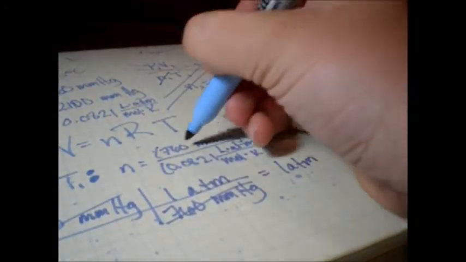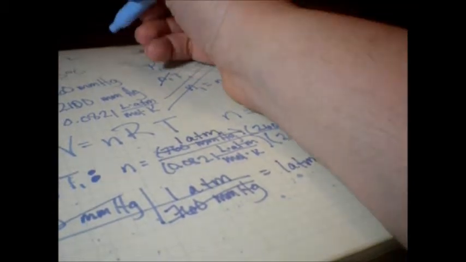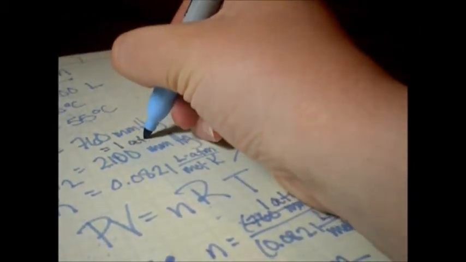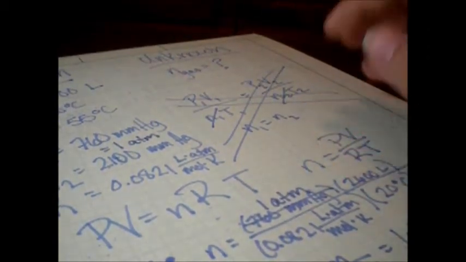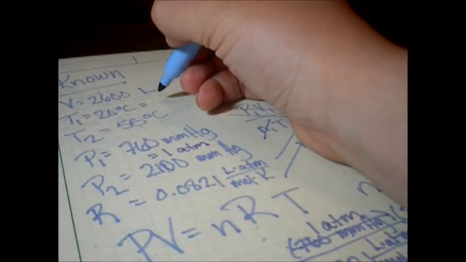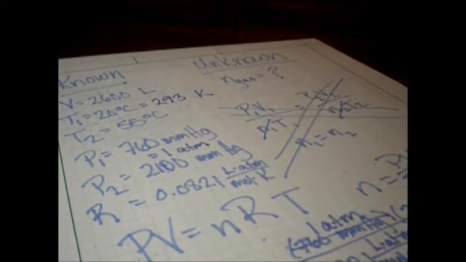So we have 1 atmosphere to plug in as our pressure. We can come back up here and write that, 1 atmosphere. And for our temperature, we know that 20 degrees Celsius plus 273 equals 293 Kelvin. So we can plug that in here, 293 Kelvin.